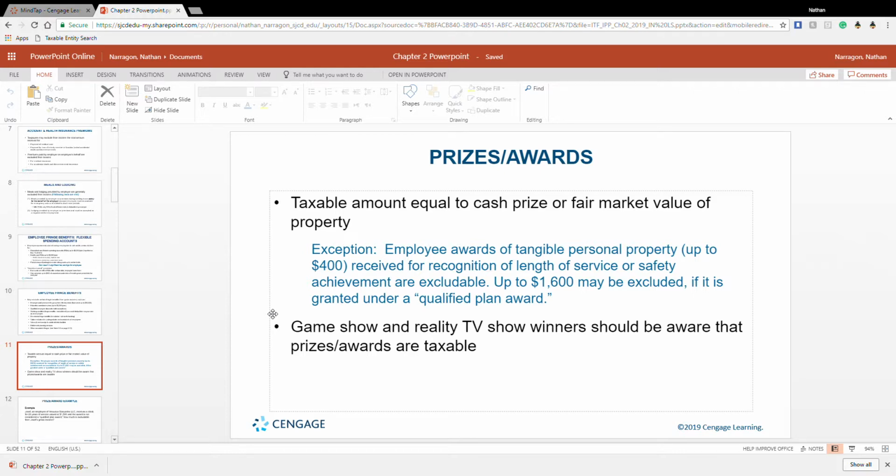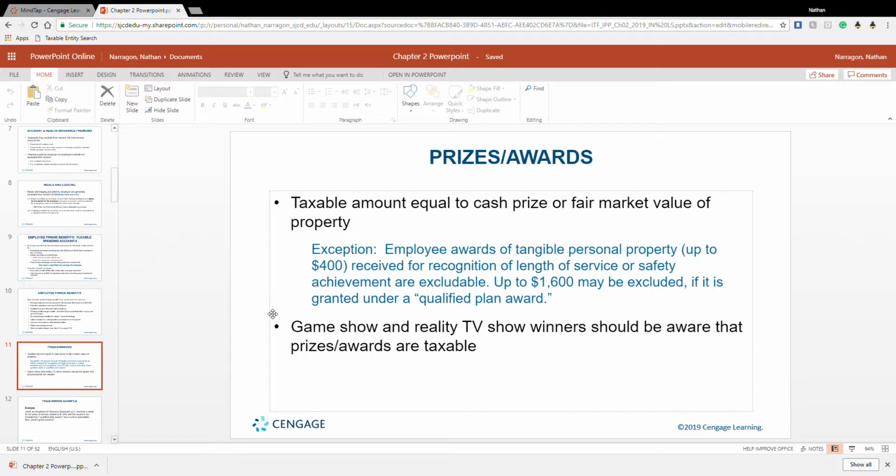Now, we'll give you an example on this in just a sec, but if the employer gives you an award and it's tangible, you may get to exclude a little bit. Cash, you have to include. But if it's like a gold watch or something like that for retirement, yeah.